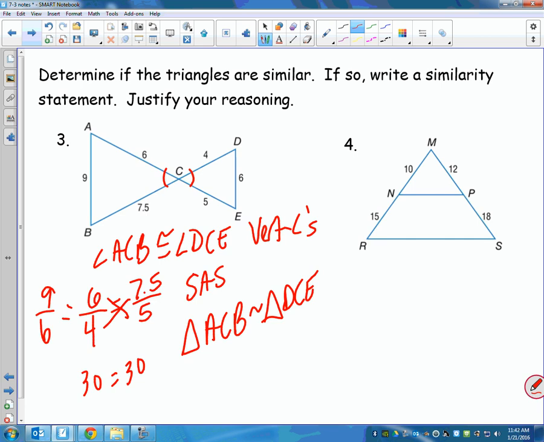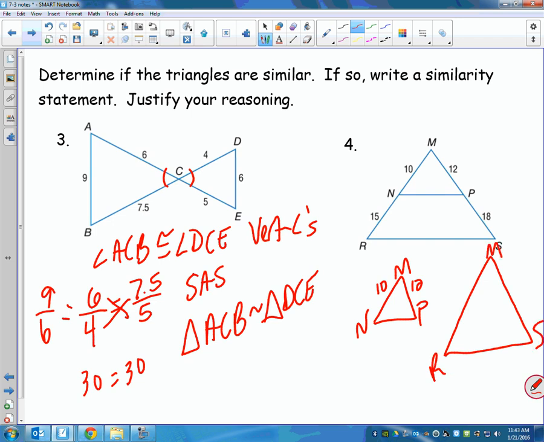What about this one? What are even my 2 triangles? So definitely one triangle is NMP, right? And so it's 10 and 12, we don't know MP. But then it's the big one, right? So if it helps, you could separate it like this, and it's triangle RMS. So you have to think about that RM, the whole triangle there is 25, right?